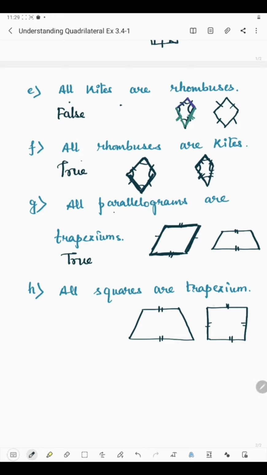So since in a square one pair of parallel sides is there, and we need only one pair to be a trapezium, all squares are trapezium. If one pair of parallel sides is there, then the figure will be a trapezium. So all squares are trapezium. So this statement is true.